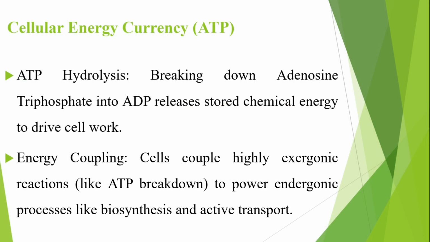Now the cellular energy currency, ATP, adenosine triphosphate. The breakdown of adenosine triphosphate, or ATP, to adenosine diphosphate releases stored chemical energy to drive cell work. And energy coupling, we will discuss the coupling reaction later on. What is energy coupling?